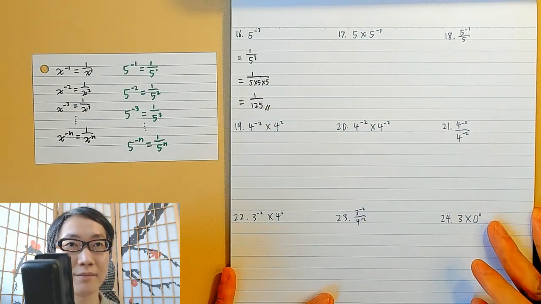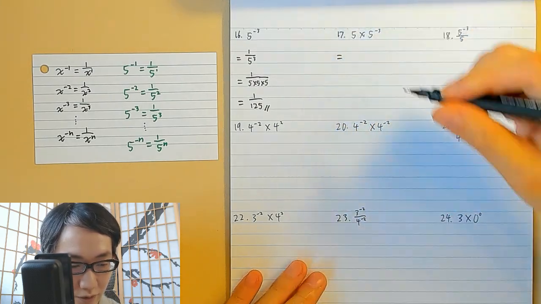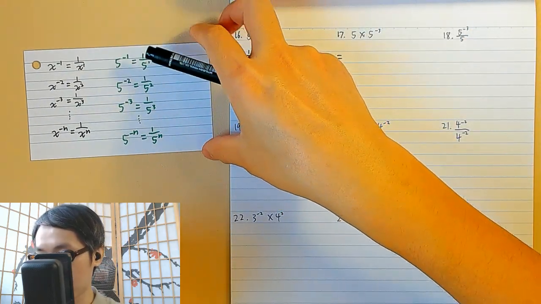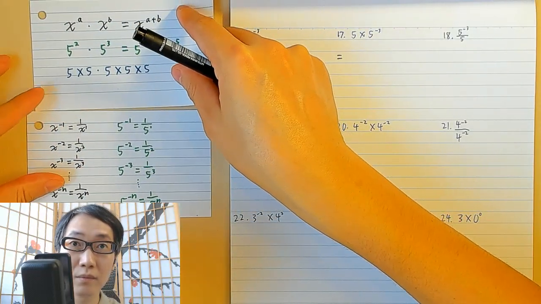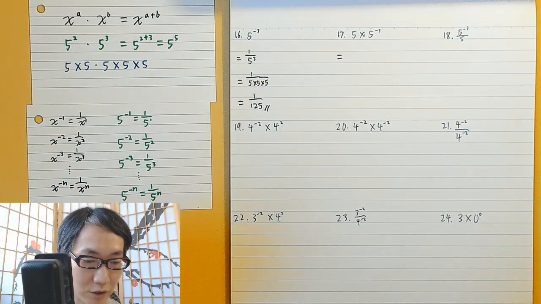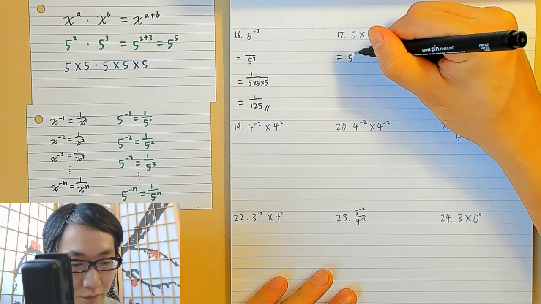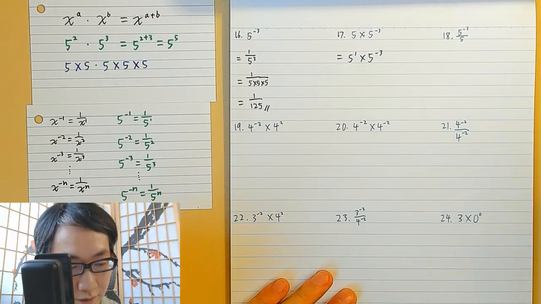Okay. Number 17. We can use the addition one, because we can turn this 5 into 5 to the power of 1, and then 5 to the power of -3.